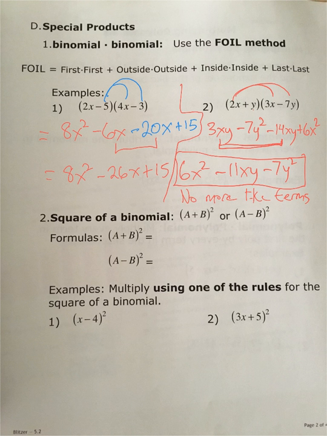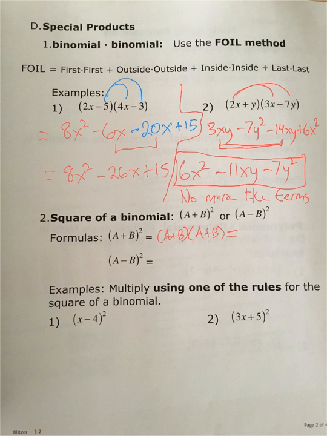So I need to do what? (a plus b) in parentheses. Good. I need 2 copies. And now I could do what to that? Now I could FOIL that. Good.